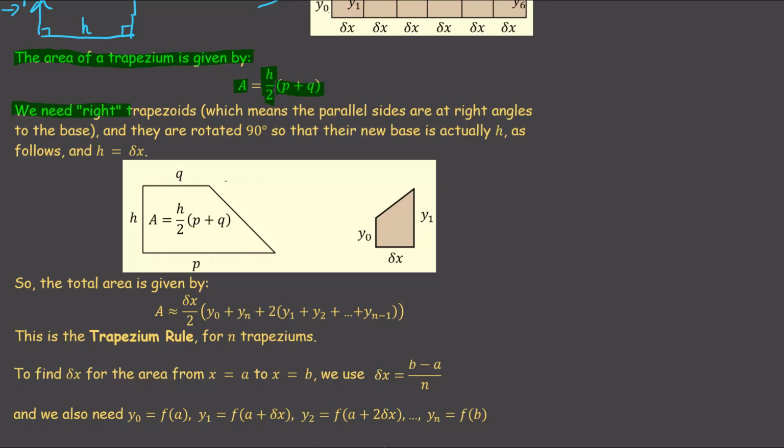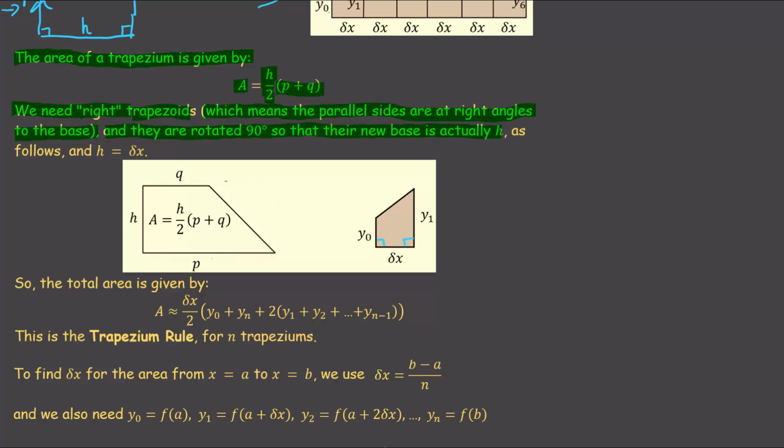We need right trapezoids, which means the parallel sides are at right angles to the base, as I drew in my diagram above, and as we can see in this diagram just here below. They're rotated 90 degrees, so the new base is actually h.